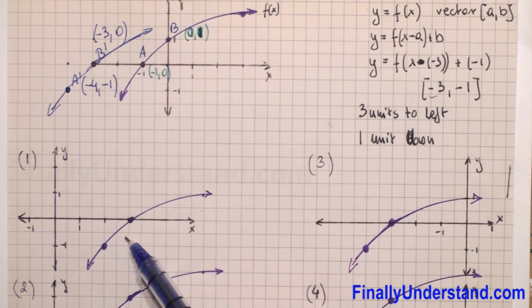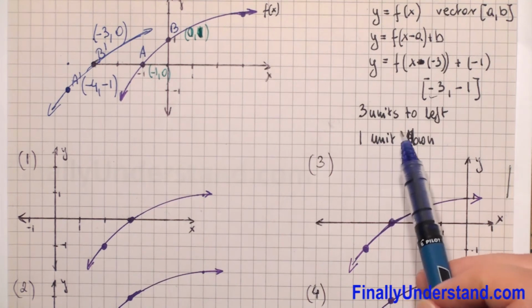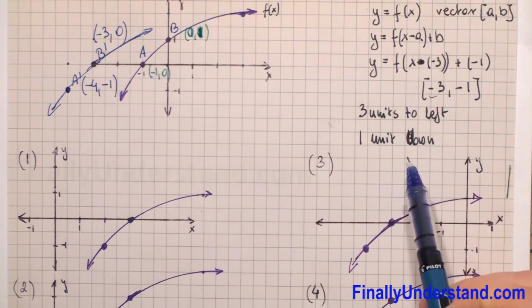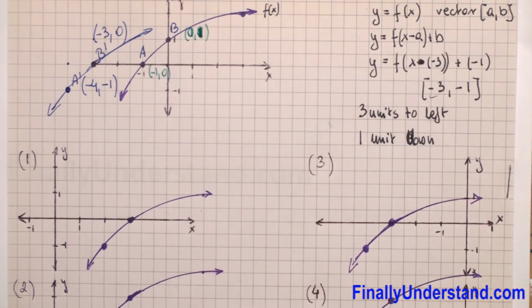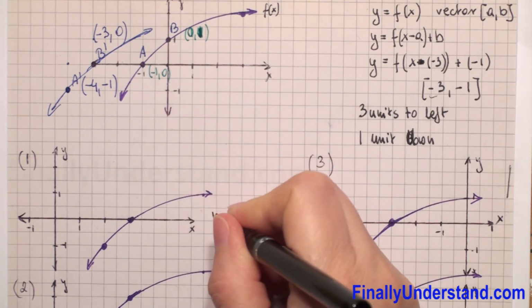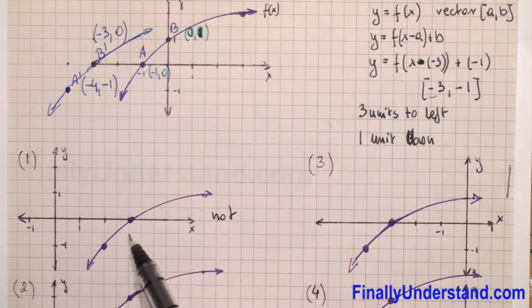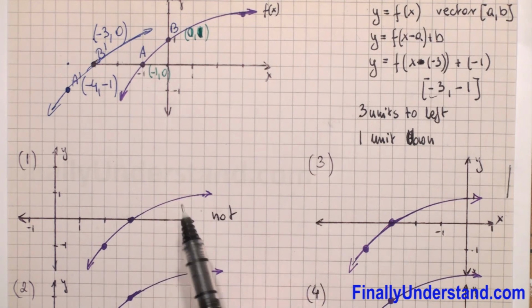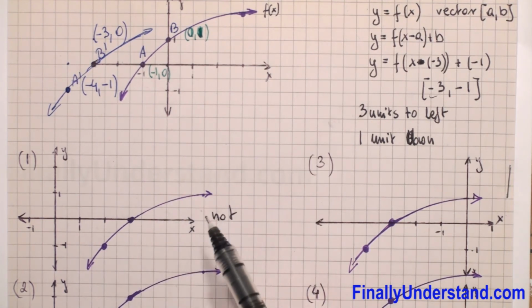For sure, this is not the graph of our y function after translation, 3 units left and 1 unit down. This is not our solution, because we see that this graph is now in the first and in the fourth quadrant and should be moved to the left.